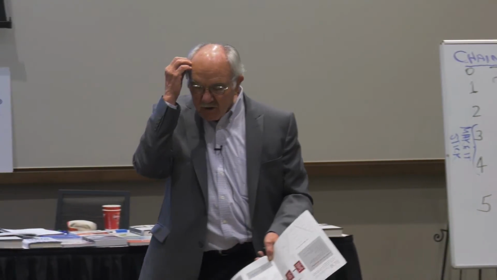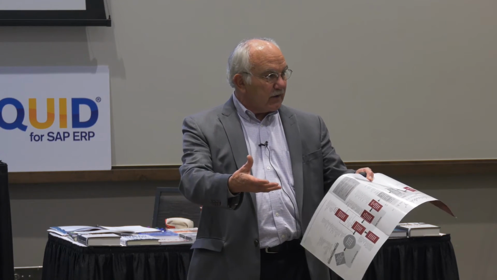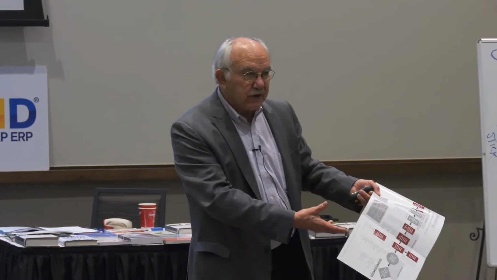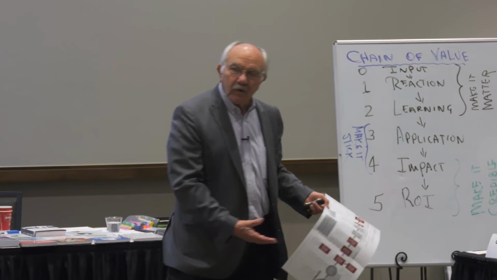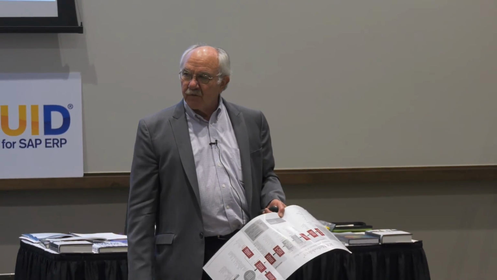So what we're saying here, let's bring that thinking to our projects, make them better along the way. As we collect data about reaction and learning, make adjustments if we don't have it. On application, make adjustments if we don't have it. And if it turns out negative, we're going to find out what caused it, so we can go back and change it going forward.